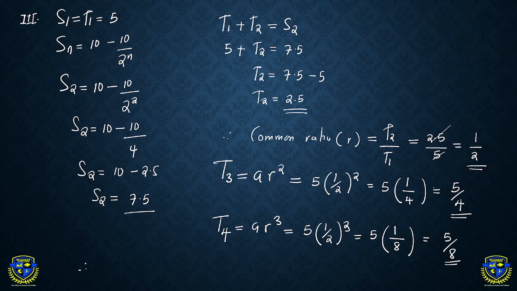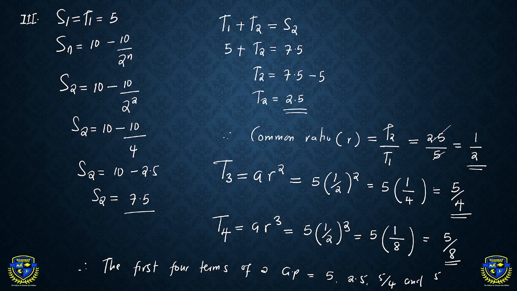So therefore, we can say the first 4 terms of the GP are: number 1 is 5, number 2 is 2.5, number 3 is 5 over 4, and the last one is 5 over 8.